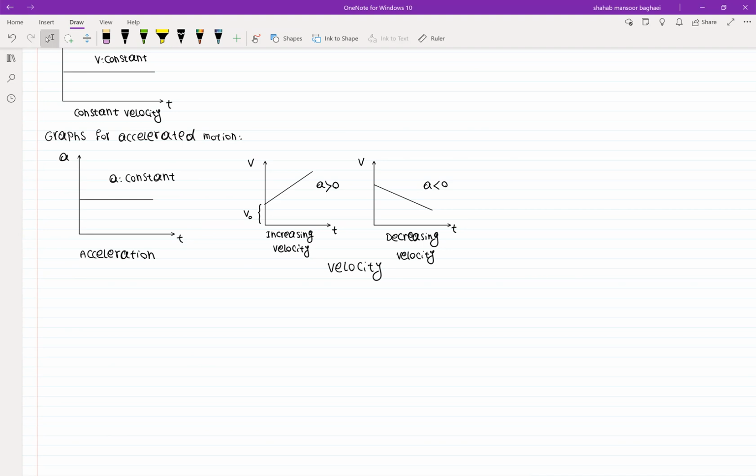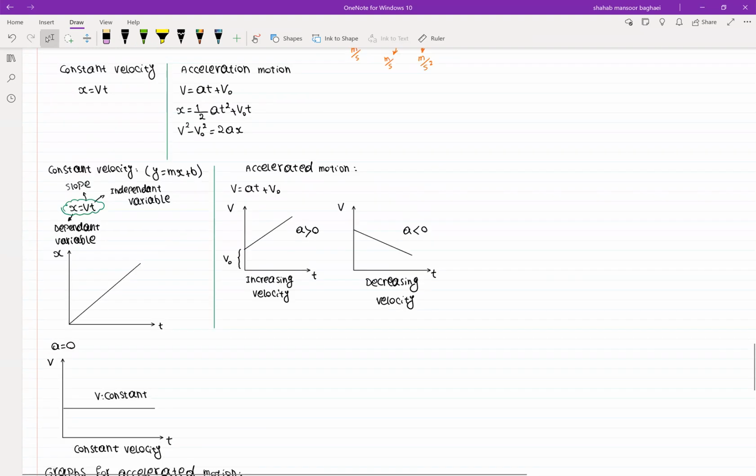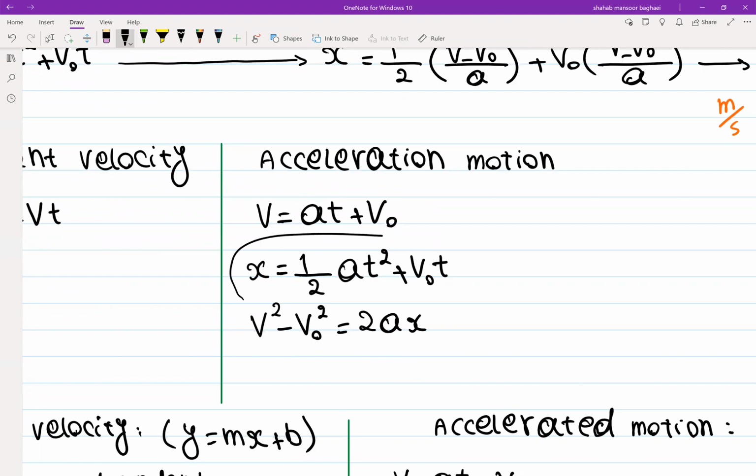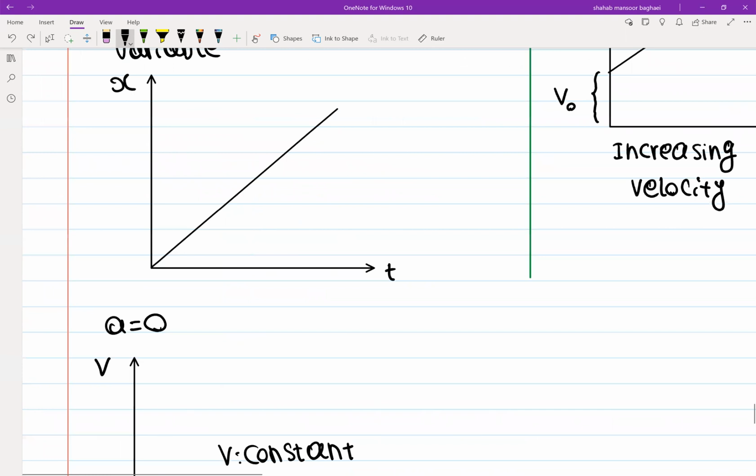Okay, what is the equation of displacement for accelerated motion? If you remember, I proved this equation, and it's here. This is the equation of displacement, x equal to half a t squared plus v0 t. Consequently, let's look at this equation.